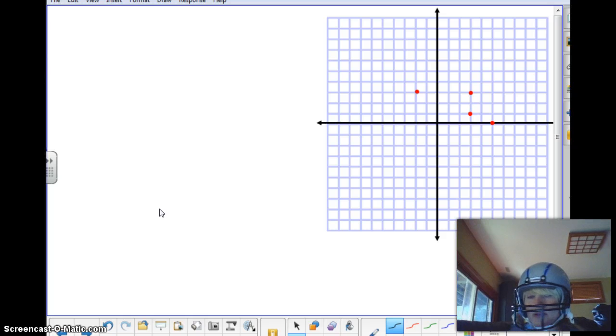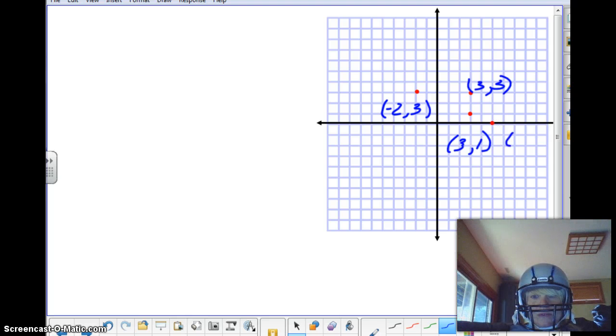Here again, you're going to go to each one and look at the coordinates. So again, this went over -2 and up 3. This one went over 3 and up 3. This one went over 3 and up 1.